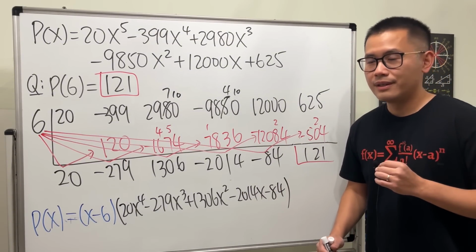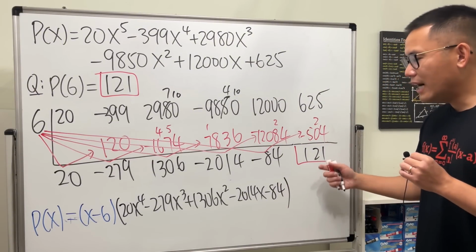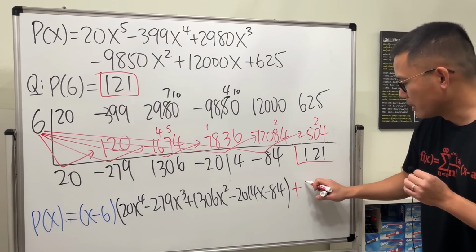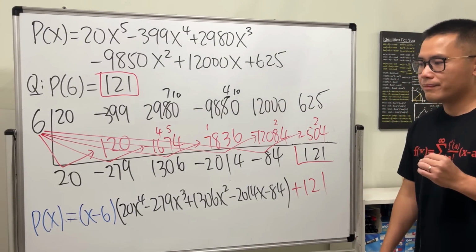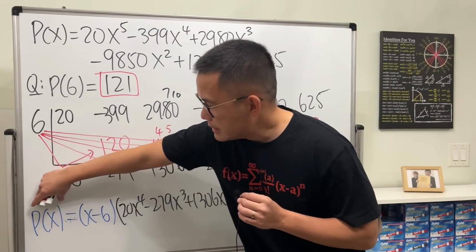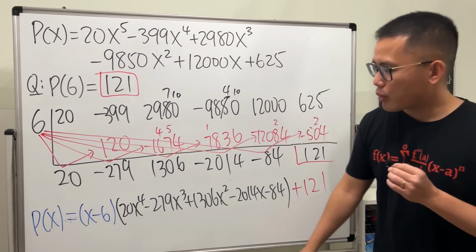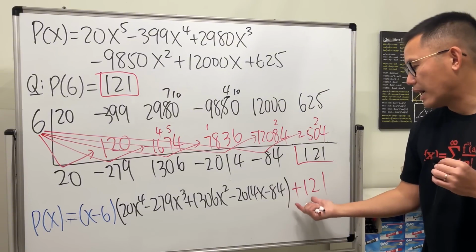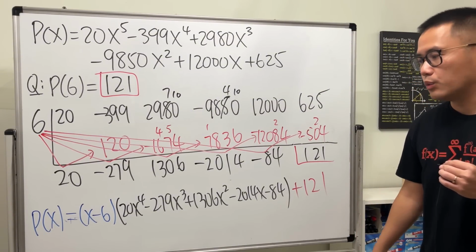So that's a quotient. But we still have the remainder, right? And that will be the add-on to it. So plus 121. So we can write this polynomial as a product of x minus 6 and this thing here, but after that we have this addition of 121.